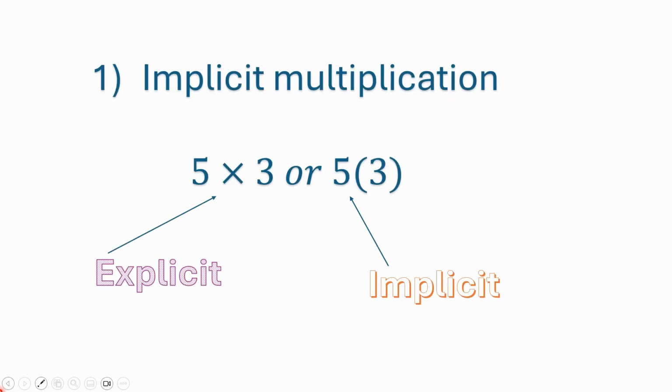That's not true. What is true is that there is this convention. When I'm talking about implicit multiplication, I'm saying when you have a number outside of parentheses, like we have on the right here, this is considered implicit multiplication. It's implied that we're multiplying 5 by 3. On the left side here, this is explicit multiplication. It's explicit because we're explicitly putting a multiplication symbol here.